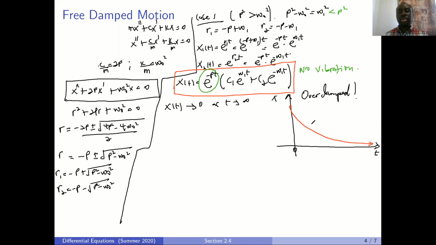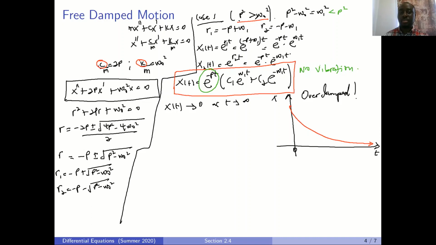This is because of the assumption of p squared being greater than w0 squared. Remember that p has to do with the damping factor or the damping coefficient, and w0 has to do with the spring constant. So saying that p squared is greater than w0 squared is really inferring that the resistance from the damping is greater than the spring.